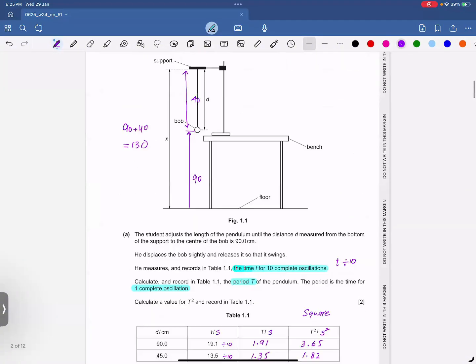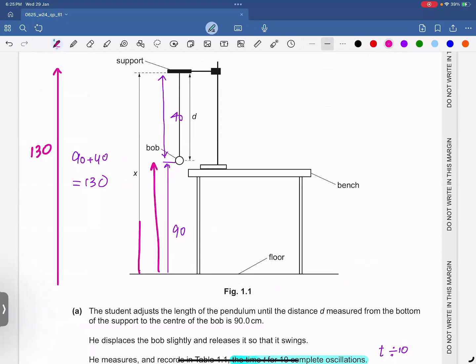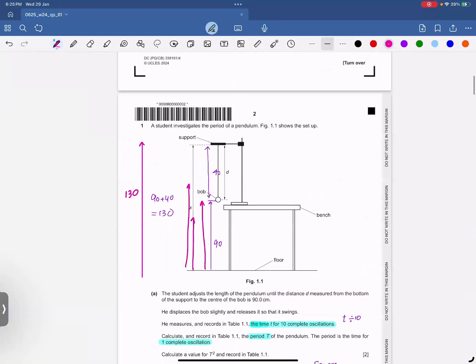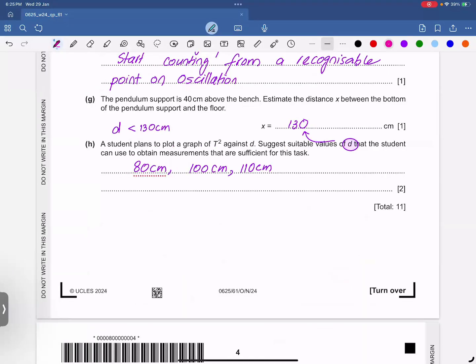Because the total support height from the beginning is 130. So the pendulum can be 90 height, 80 height, 120. Don't reach 130. 125 will be fine. Any other number you can write, 120, but not more than that.